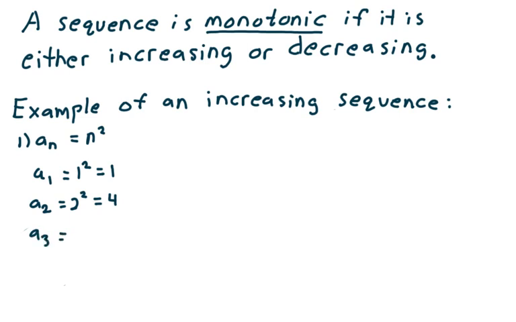A sub 3 is 3 squared, which equals 9. So you notice how, as the index goes up, the corresponding values of the sequence are also going up. We have 1, 4. These are the terms of the sequence. 9. The next one would be 16, I claim. 25. And we go on and on. So this is an increasing sequence.